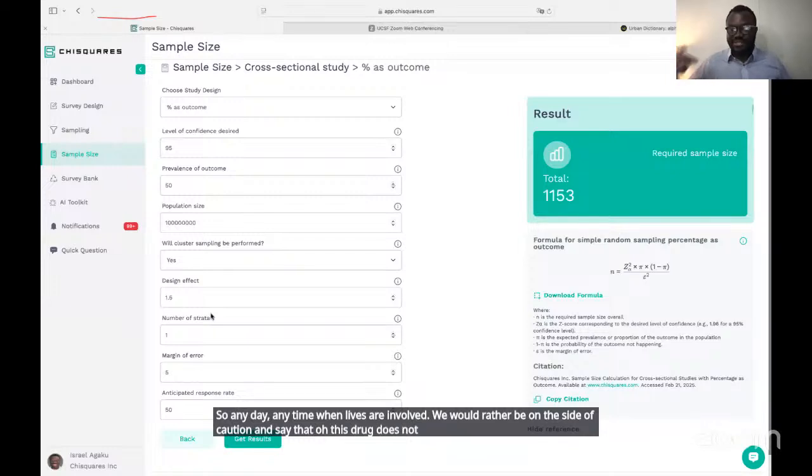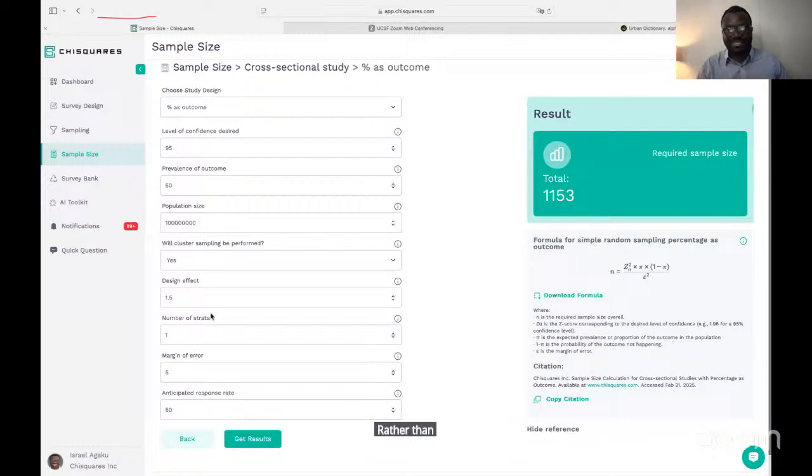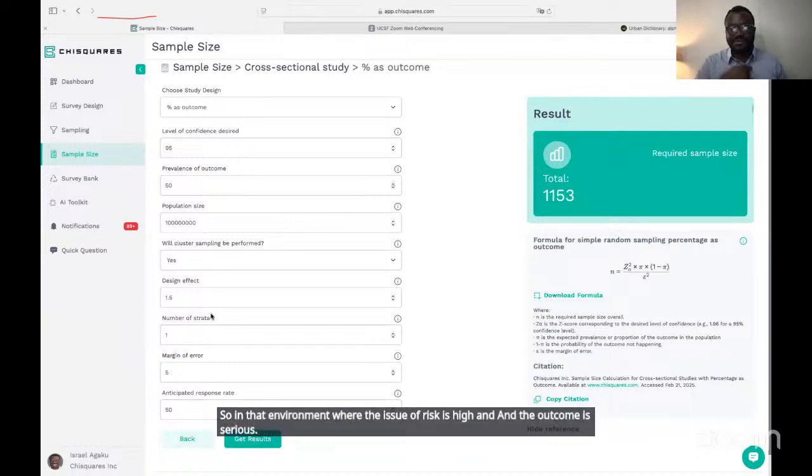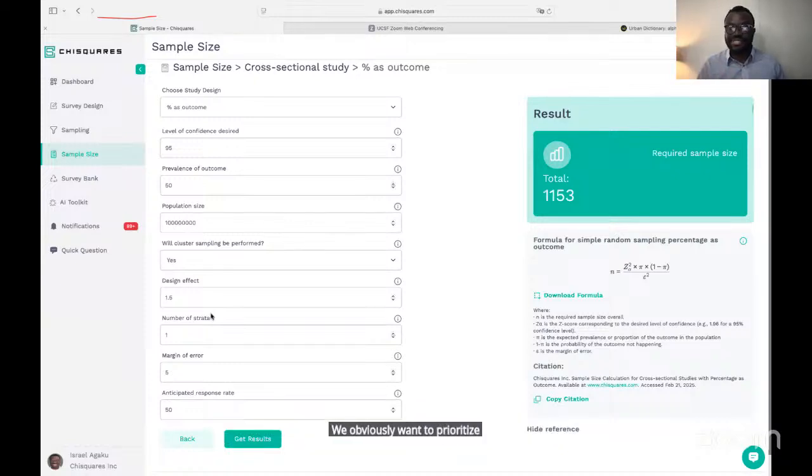At least we can go back to the drawing board and try again, rather than put out a drug that we claim works while it's just killing people. So in that environment where the issue of risk is high and the outcome is serious, we obviously want to prioritize minimizing the risk of type 1 error over the risk of type 2 error.